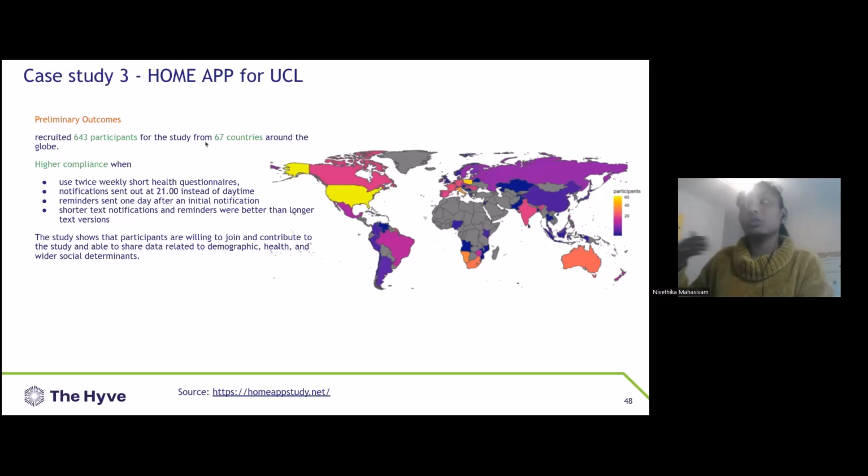And we also send notifications and reminders, and they do appreciate it if the notifications are sent at 9 p.m. instead of during daytime, because they are often busy, they are at work or doing something else, and after 9 they can actually get on and participate in the study. Also, for example, short text notifications and reminders were better appreciated than the reminders and notifications with longer text.